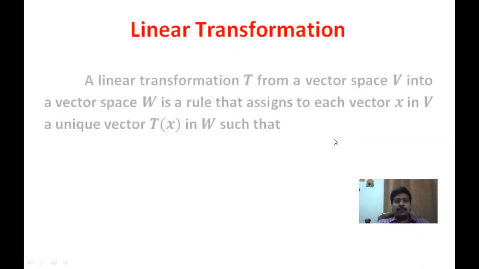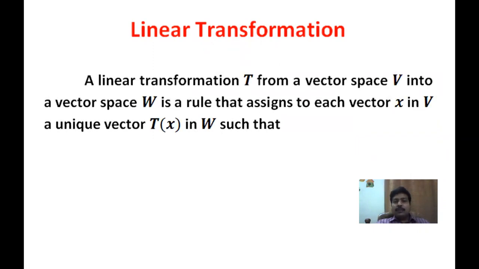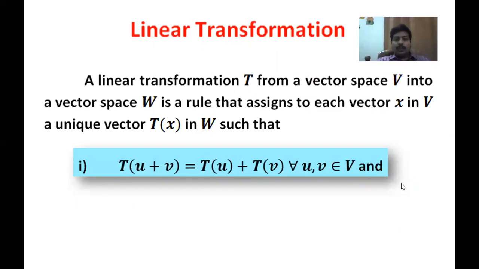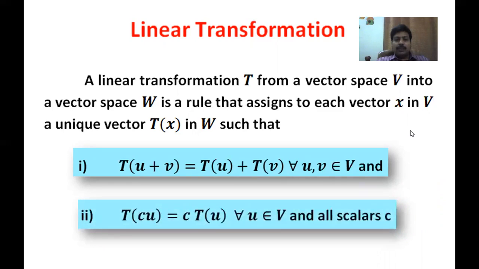So, a linear transformation T from a vector space V into a vector space W is a rule that assigns to each vector x in V a unique vector T of x in W such that T of u plus v is equal to T of u plus T of v for all u, v belongs to V, and T of c u is equal to c times T of u for all u belongs to V and scalar c.